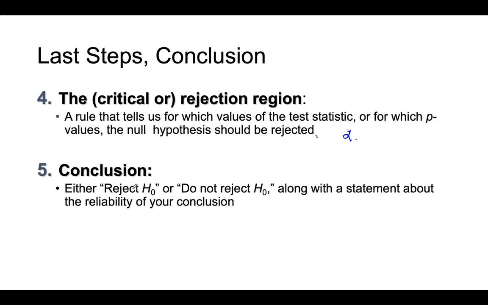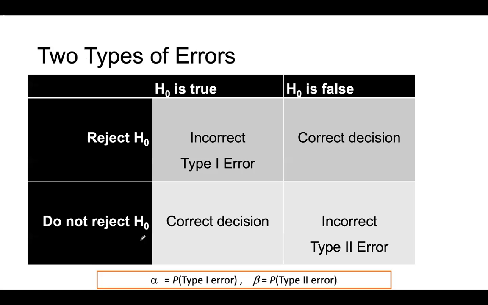And then we make a conclusion: we reject the null hypothesis, or we do not reject the null hypothesis. Think of that again as the person being guilty or not guilty, so you make a statement about the reliability of your conclusion.